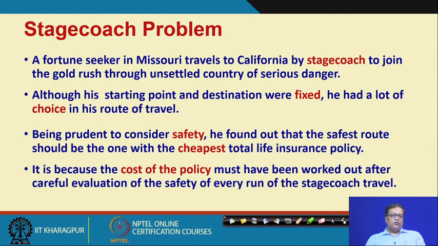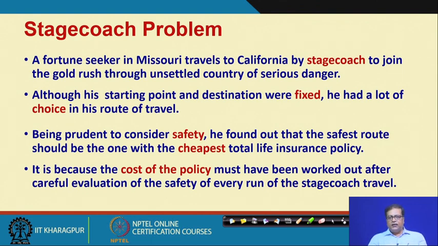Is all right. So, although his starting point and destinations were fixed, he had a lot of choice in his route of travel. So, being prudent to consider safety, he found out that the safest route should be the one with the cheapest total life insurance policy.